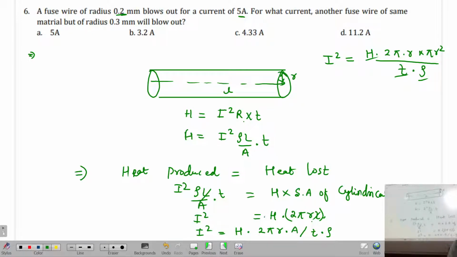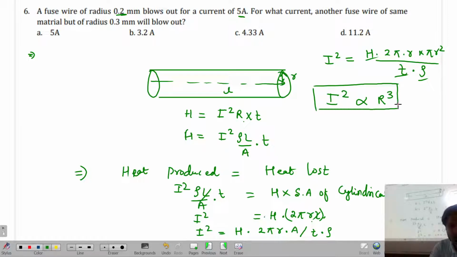Resistance, you know, resistance is 1 by r square, or not, tell me yes or no. If someone asks you how the current varies, actually I square is directly proportional to radius cube. This is the relation: the square of the current is directly proportional to the cube of the radius inside a wire. Understood or not?